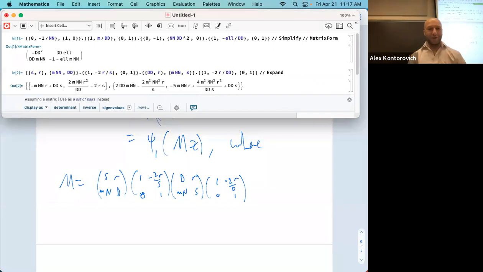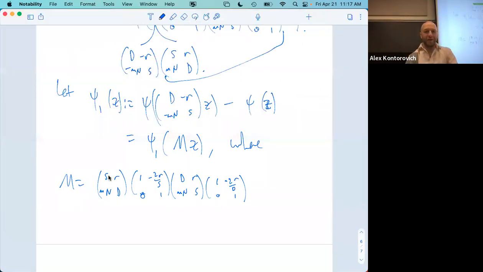And we have to remember that the determinant of this is 1. So DS minus MNR is 1. In other words, whenever I have MNR, I can replace that by DS minus 1.